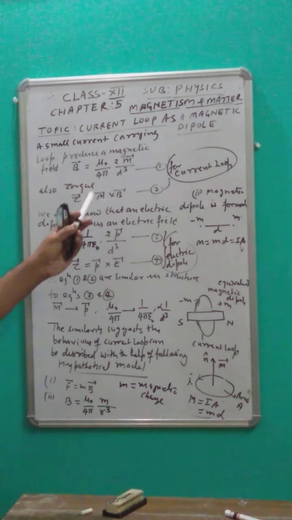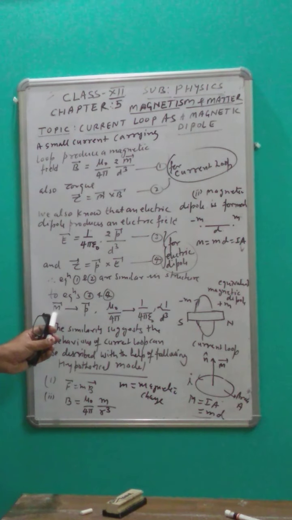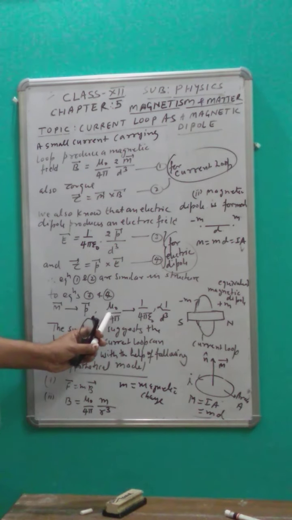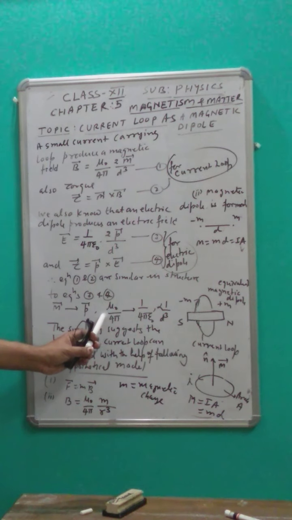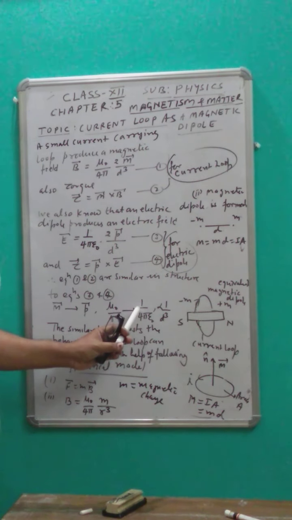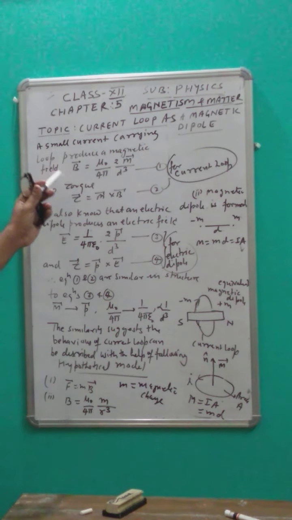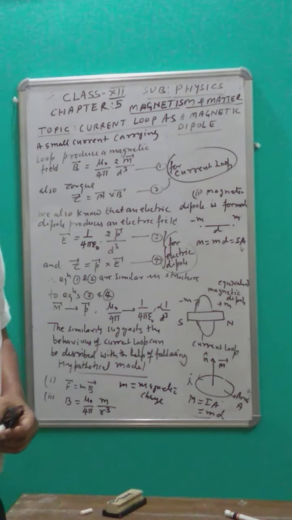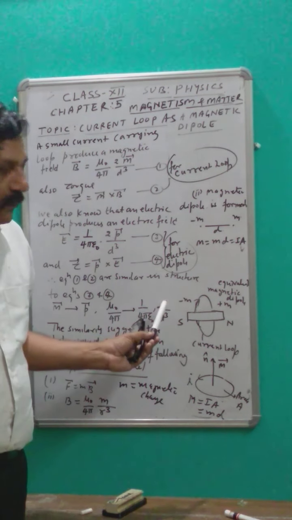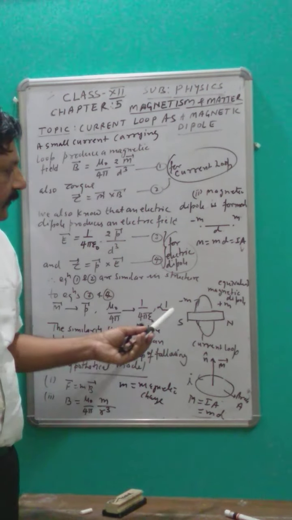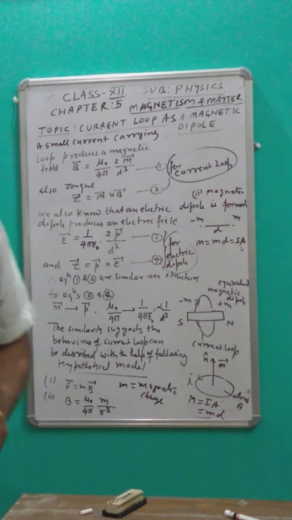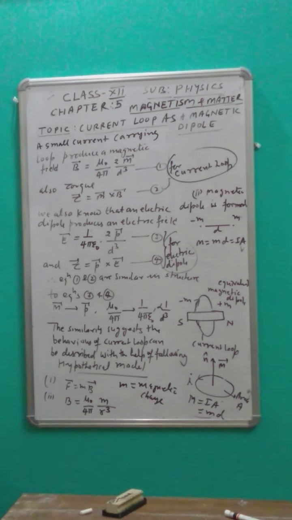Because here m, the magnetic dipole moment, is taking the role of p, the electric dipole moment, and mu naught upon 4 pi is taking the role of 1 upon 4 pi epsilon naught. Both magnetic field and electric field have the same distance dependence: both are proportional to 1 upon d cubed, where d is the distance.